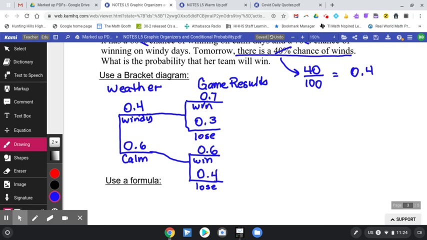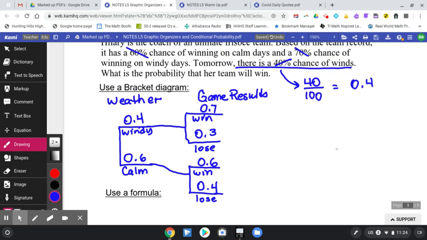Now, I know there's people in the crowd who are saying, well, winning and losing is not the only thing that could happen. They could tie. We will never include tying as one of the options unless the question specifically mentions that they can tie the game or the contest.